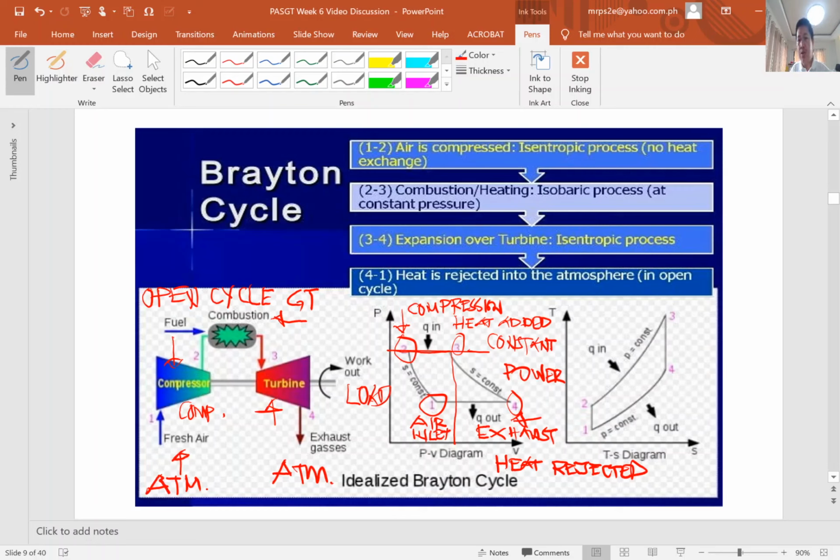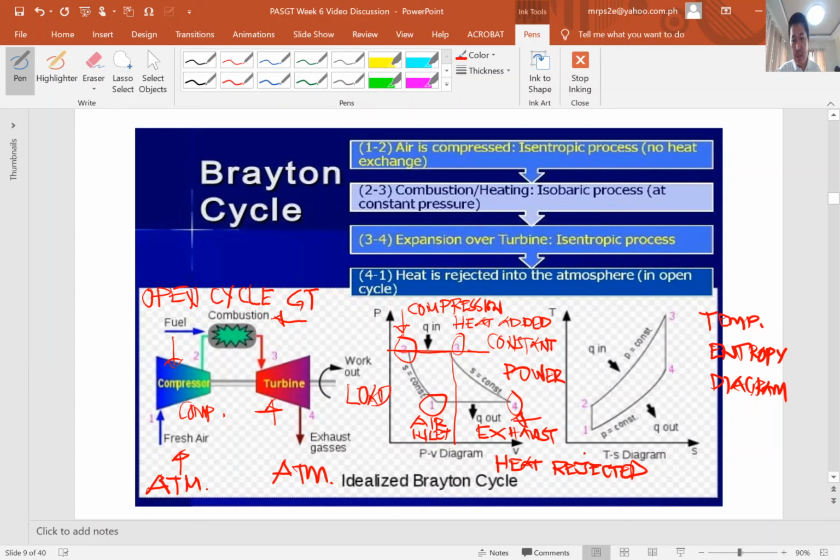So we have here also the TS diagram, or the temperature entropy diagram. As you can see here, the pressure is constant.